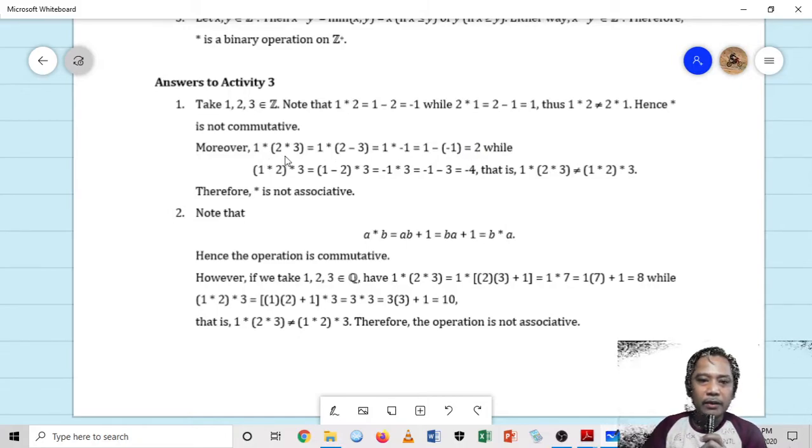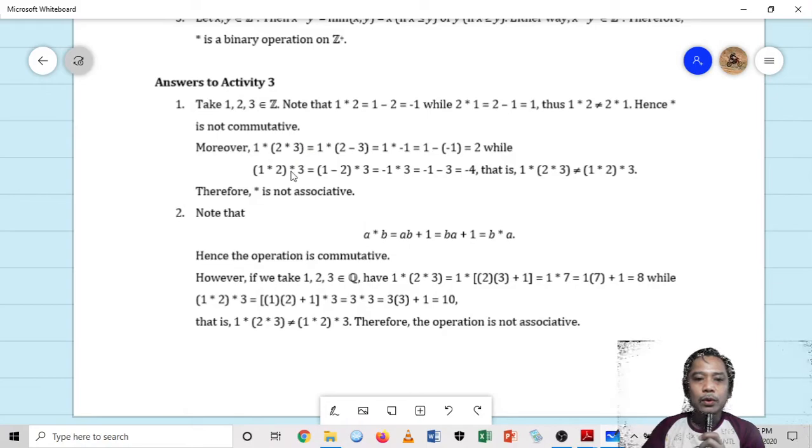While if we change the grouping and operate the first two terms first, we would have the quantity 1 operation 2, operation 3, which by definition is negative 1 operation 3, or negative 1 minus 3, or negative 4.